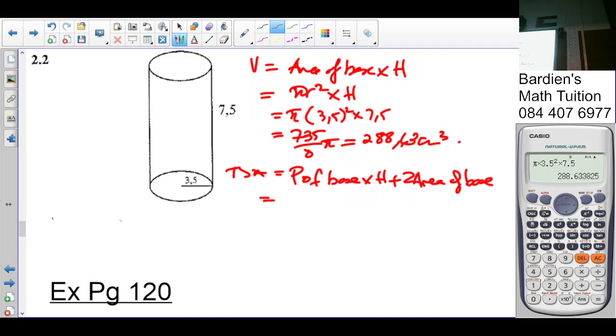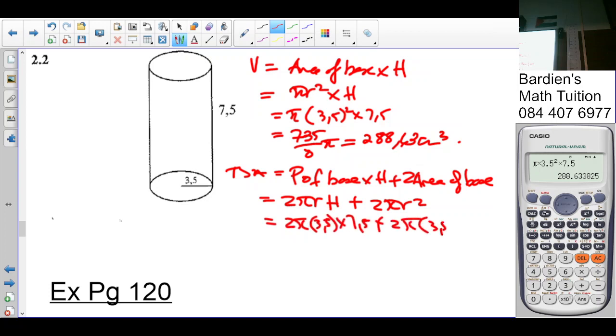How do you calculate the perimeter of a circle? 2 pi r times height plus 2 times area of base, pi r squared. It will be 2 pi. What's my radius? 3,5 times 7,5 plus 2 pi, where the radius is 3,5 squared.